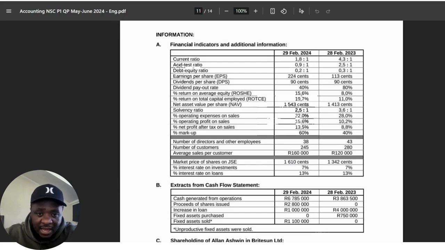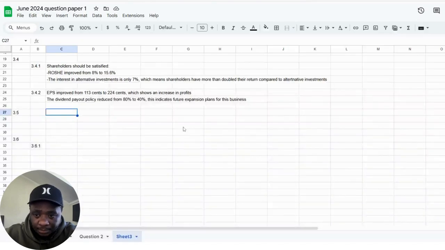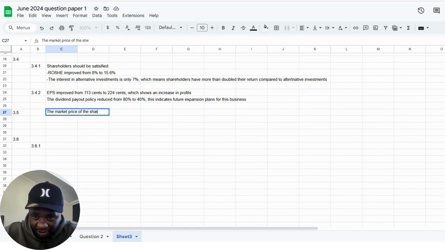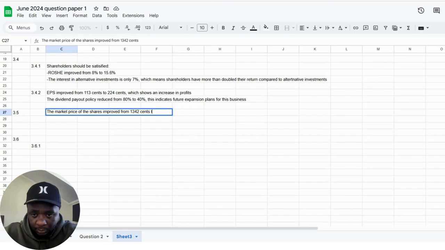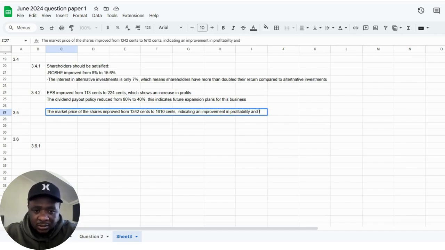So we're going to say that the market price of the shares improved from 1,342 cents to 1,610 cents, indicating an improvement in profitability and future expansion plans.